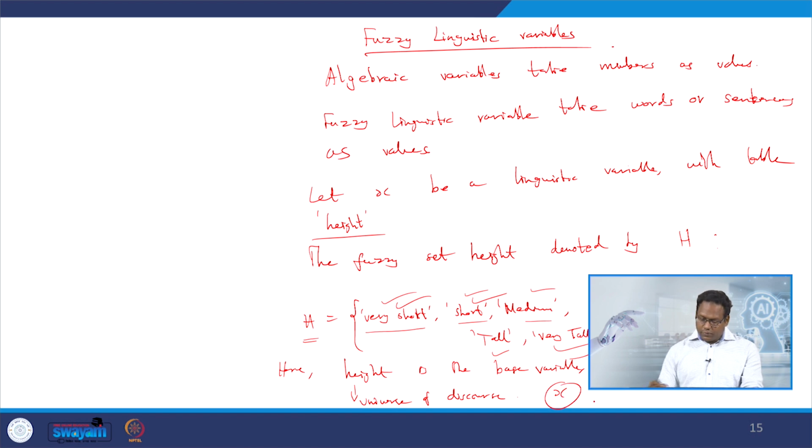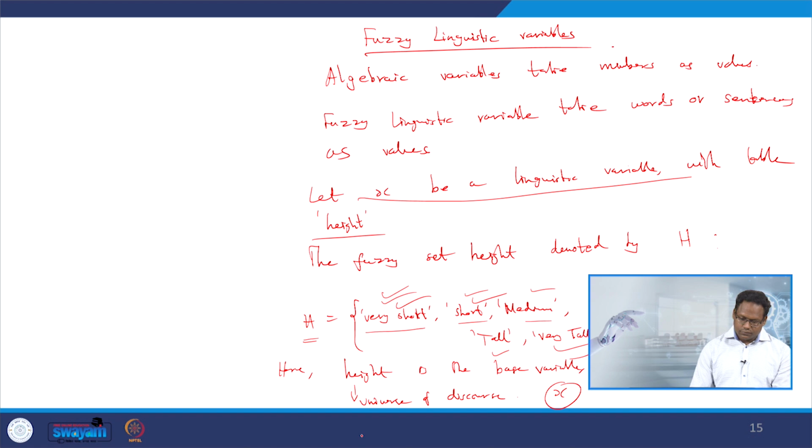That means the fuzzy variable is x, it's a linguistic variable which has a value that is very short, short, medium, these things. Okay. So, with this let us have a discussion about further things on fuzzy rule base and fuzzy implications relations.